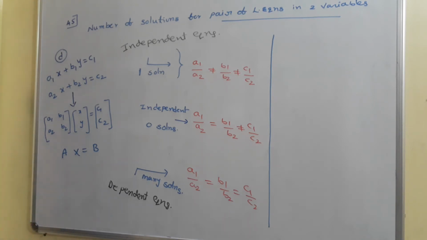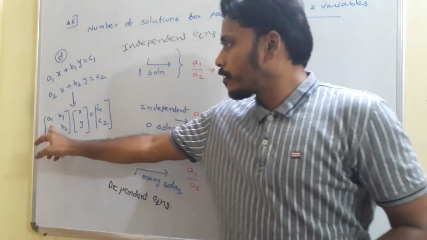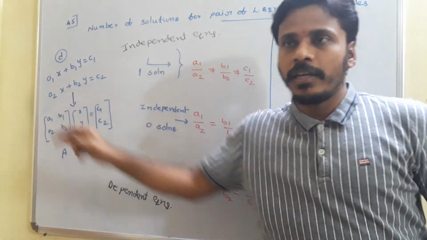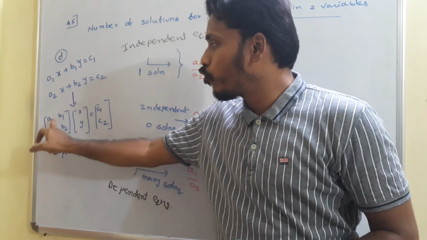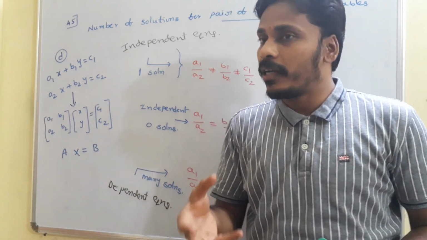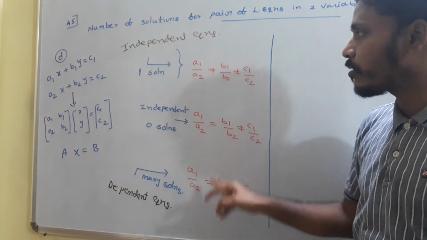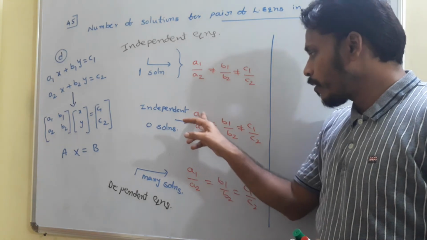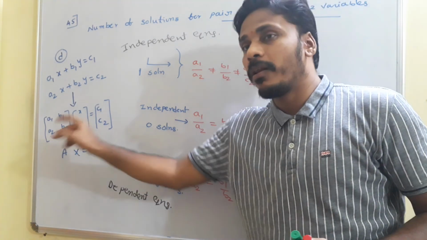And since the matrix A is A1, B1, A2, B2, what to say about its determinant? We are very familiar with the determinant of that matrix A. See, the determinant is simply what? A1B2 minus A2B1, right? And whether the A1B2 minus A2B1 value is 0 or not 0, you just think about the equations and say. In this case, if A1B2 is equal to A2B1, its determinant will become 0.